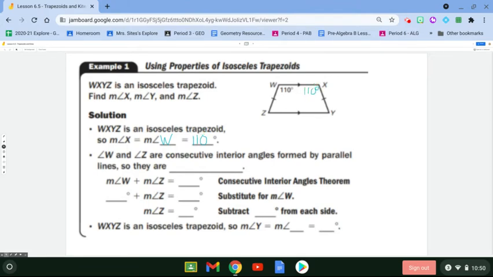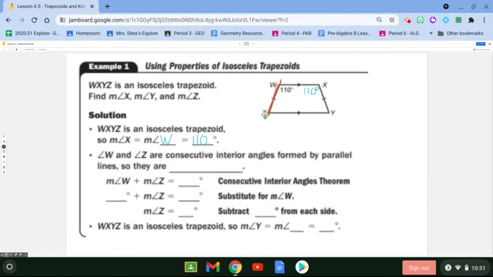The next thing we can get is based on parallel lines. Angle W and angle Z are consecutive interior angles, or same side interior angles, because of the parallel lines. You can think of WZ as the transversal.